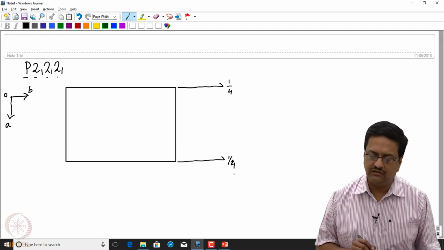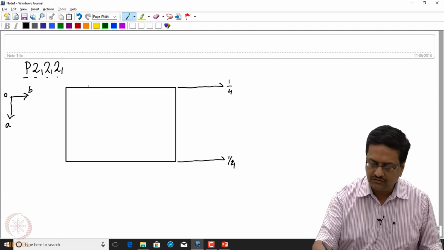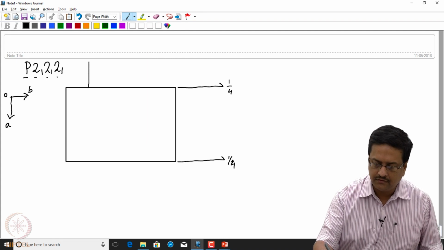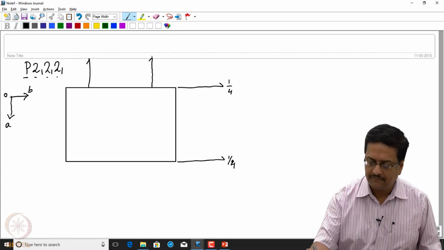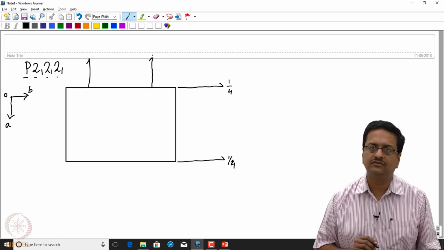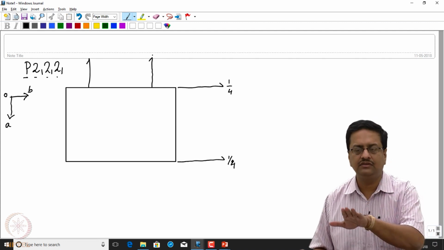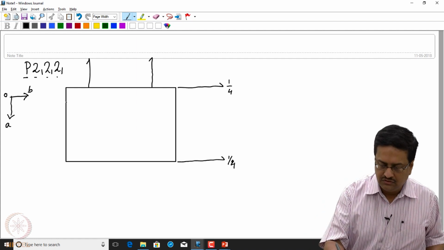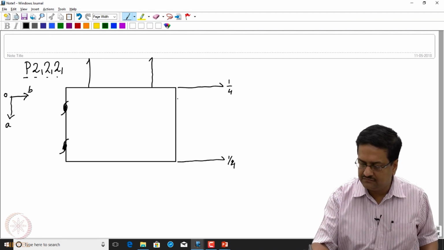The second set of 2-1 which is parallel to A is again 1/4 shifted along B. And then the third set of 2-1 screw is parallel to C, and the C axis is perpendicular to this plane of projection. So the screw along the C or Z axis appears at 1/4 shifted from the origin.